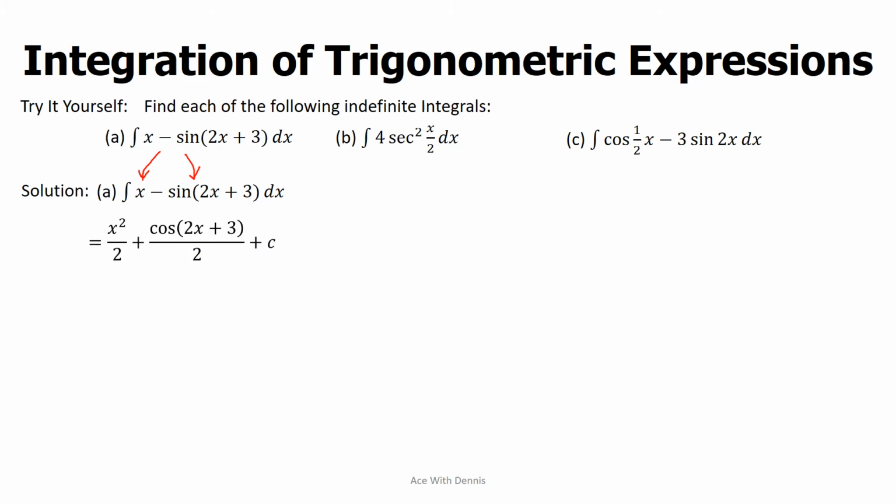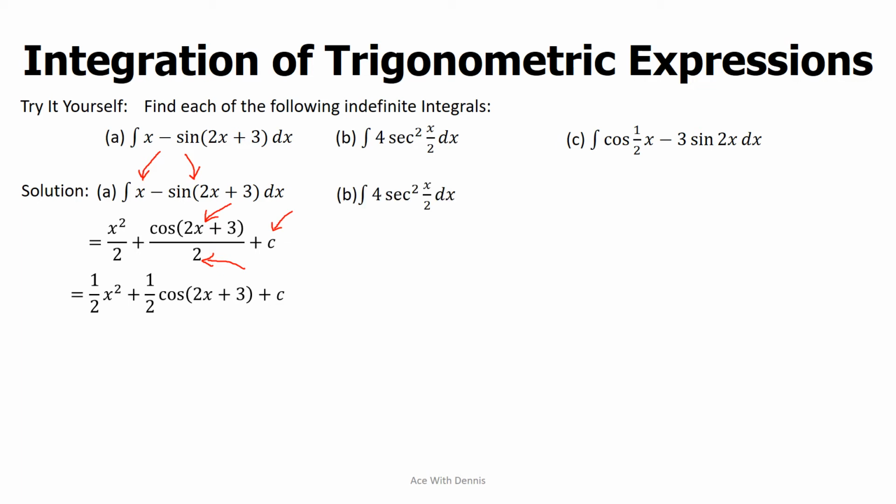Integration of minus sine 2x plus 3 becomes plus cosine 2x plus 3 over 2, because after integrating the trigo, we differentiate 2x plus 3, we get 2, and we put the 2 at the bottom here. So it becomes cosine 2x plus 3 over 2. Then the last step, plus c. You can rewrite this as half x squared plus half cosine 2x plus 3 plus c.